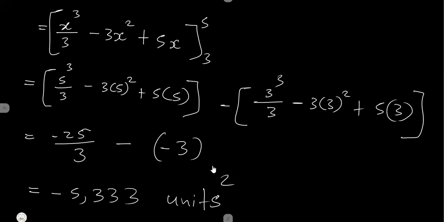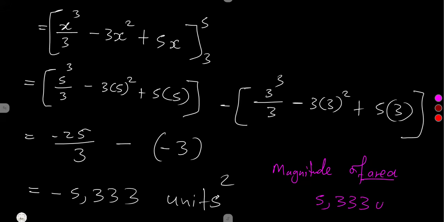Yes, we do understand that the magnitude of area is 5.33. Yes, it's giving us a negative there according to our calculations, but the magnitude there is 5.33. Whenever the word magnitude is used, you use it as a positive value. So the magnitude of this area is 5.33 square units.